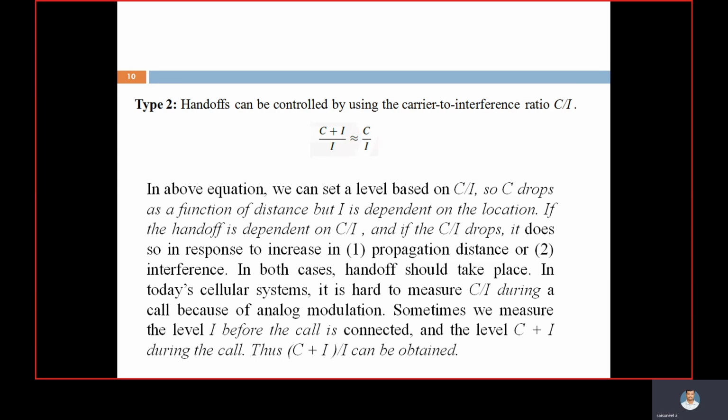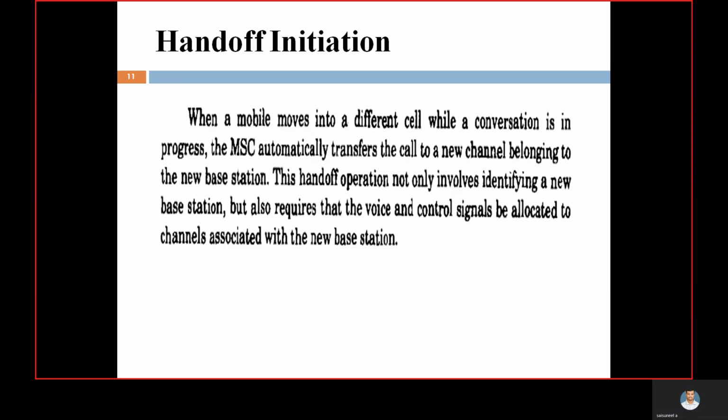Right. Next, move to the last topic of today's session: handoff initiation. How can handoff be initialized? Whenever the mobile unit is near the boundary of a cell site, the signal strength automatically becomes less. At that time, the mobile sends a request signal for a new channel from the mobile station to the base station to the MSC or MTSO.